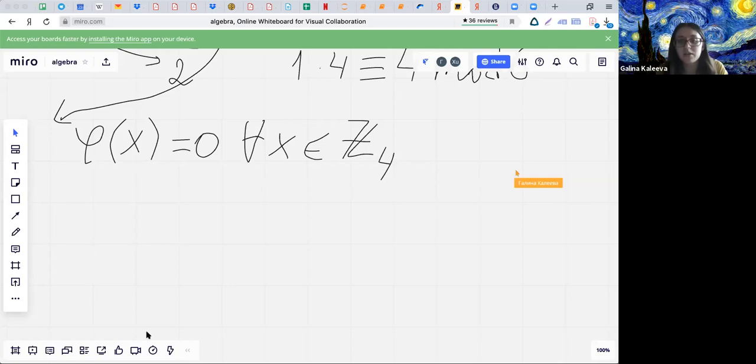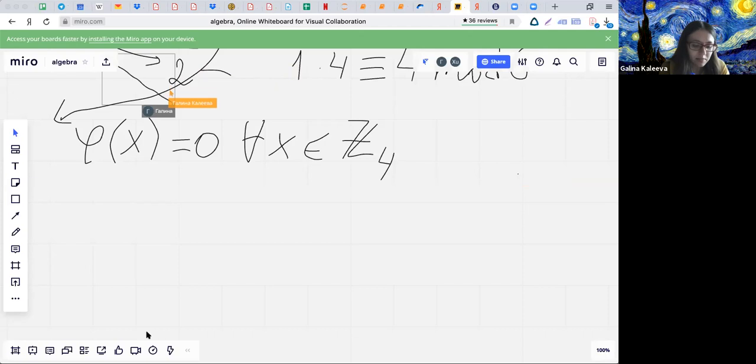Okay, you're right. The reason is the same as in the previous case. We take 1 multiplied by 4. This is 0 in our group. And for the image, we have 2 multiplied by 4, which is 2 modulo 6, and this is not 0 modulo 6. So we cannot construct such a homomorphism.